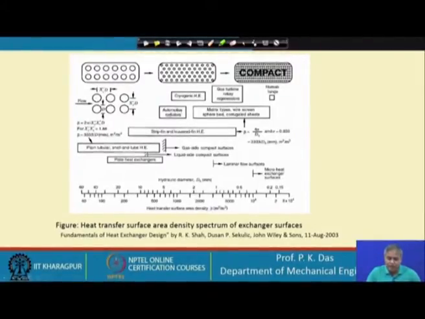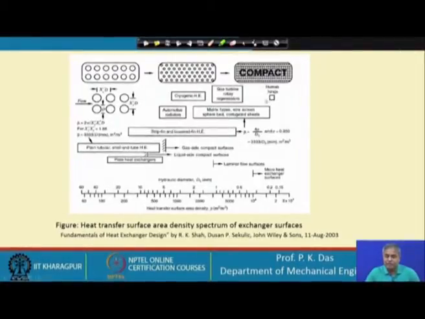Then automotive radiators. Nowadays, particularly, all the heat exchangers used in automobiles are very compact. Then matrix type, wire screen, sphere bed, corrugated sheet etcetera, these are all compact heat exchangers. With this, there is a comparison with an organ of a living being, the human lung.